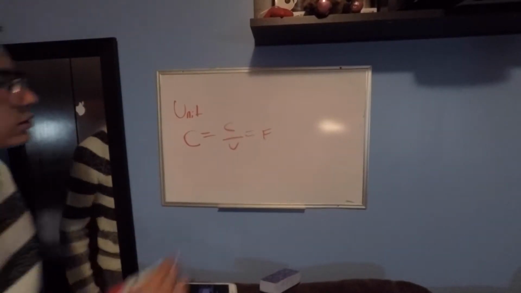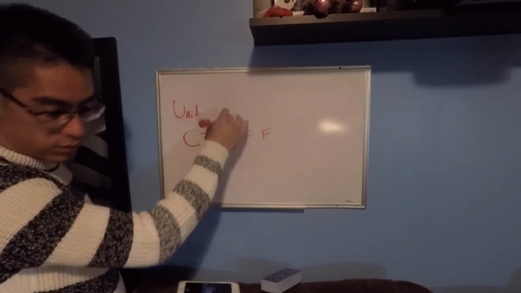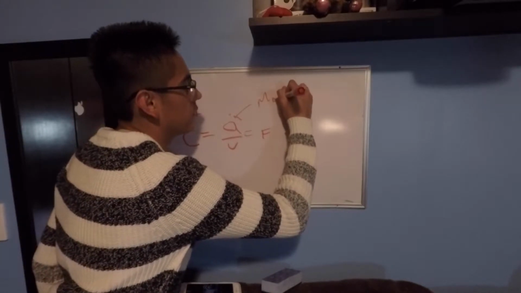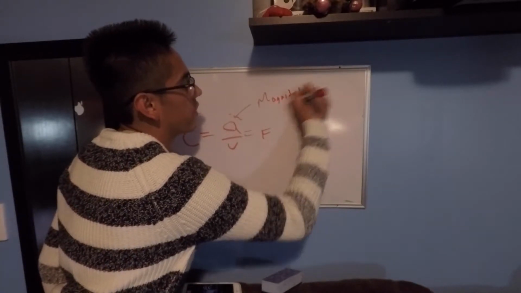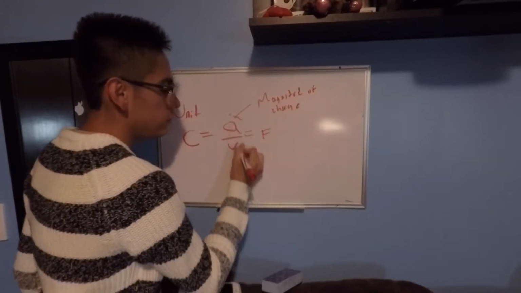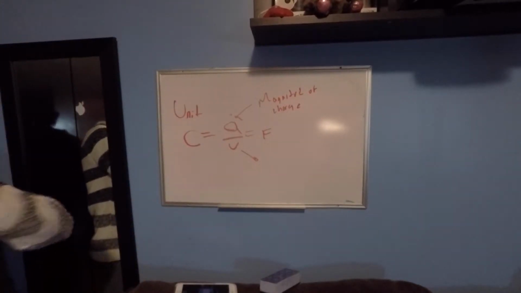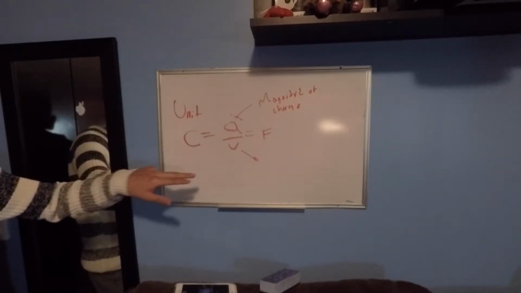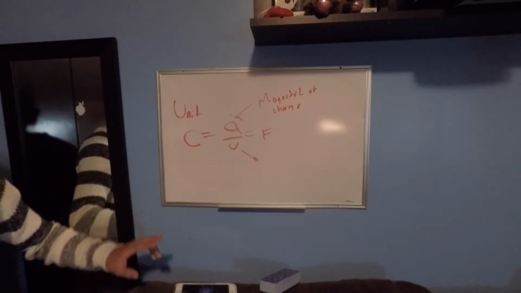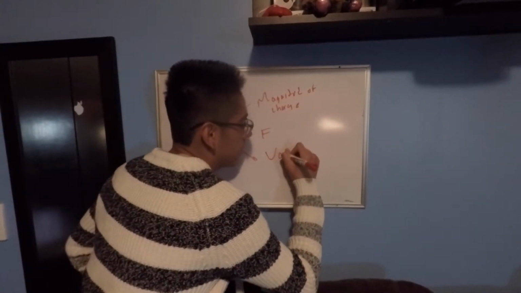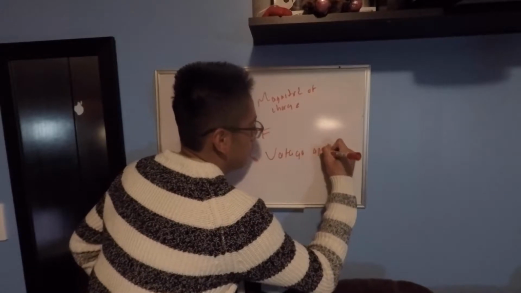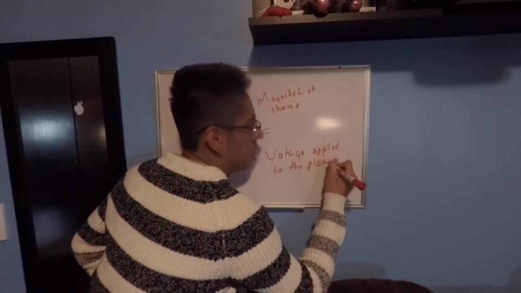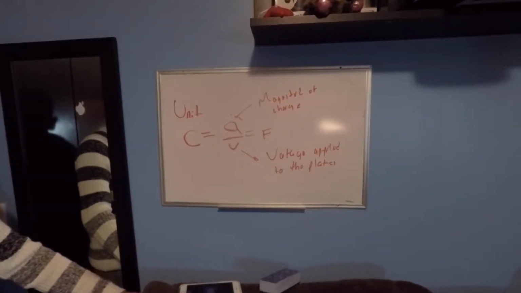Why? This is not a C, sorry, this is Q. Q is the magnitude of charge stored on each plate, okay? And then the volt is the voltage applied to the plates.